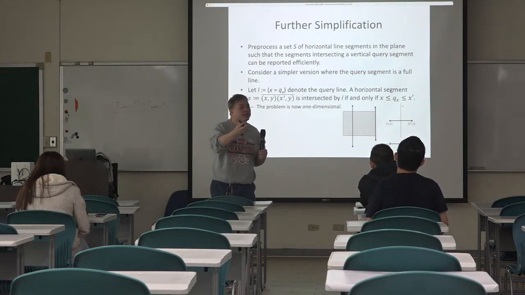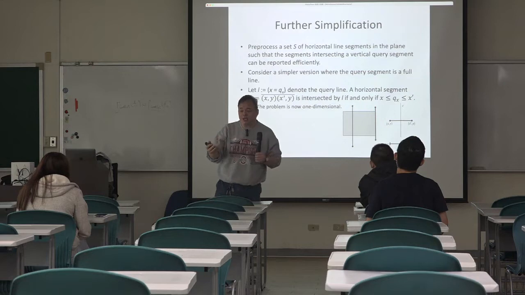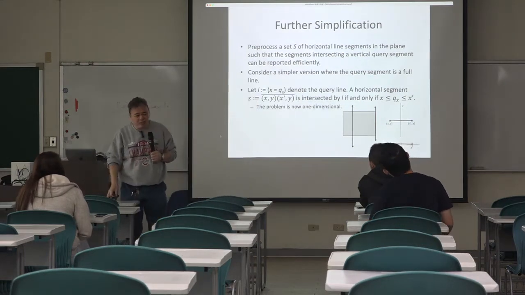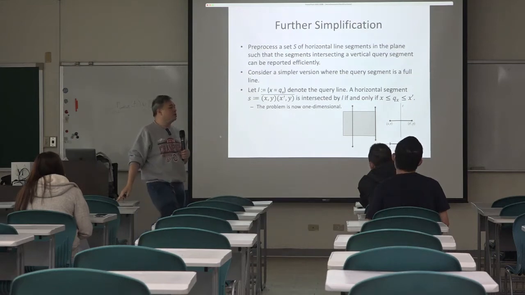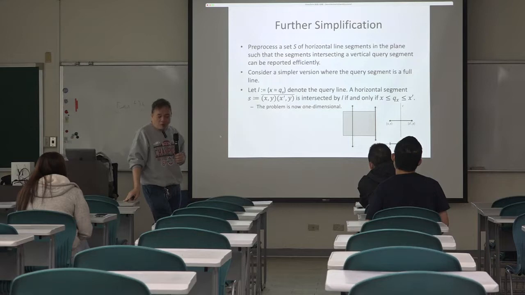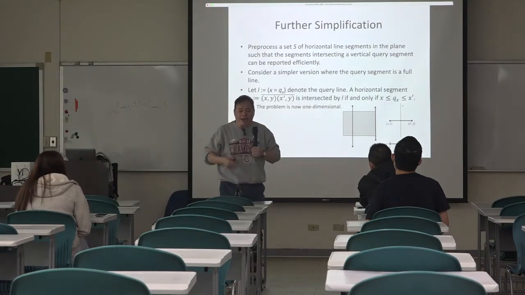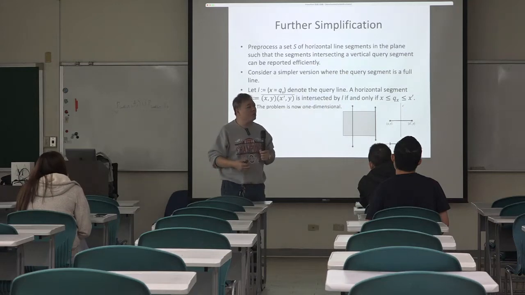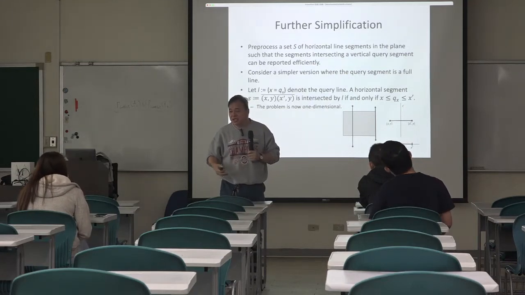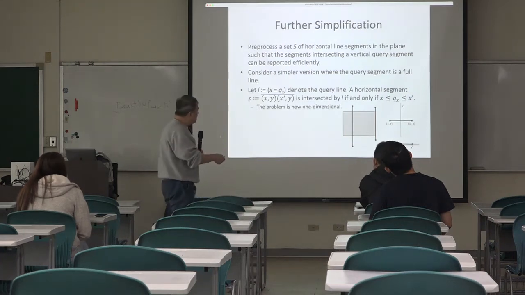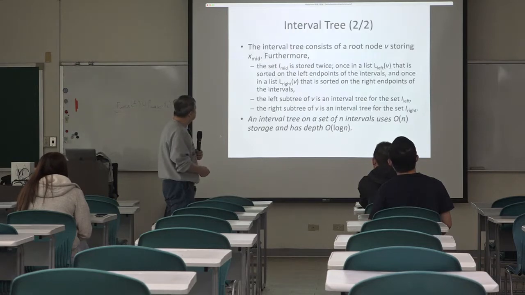Remember that? The interval tree can deal with that simplified version of the problem very well, but the issue is that at the end we still need to come back to deal with the window query, right? So the window query is still different from the simplified problem. What's the difference?